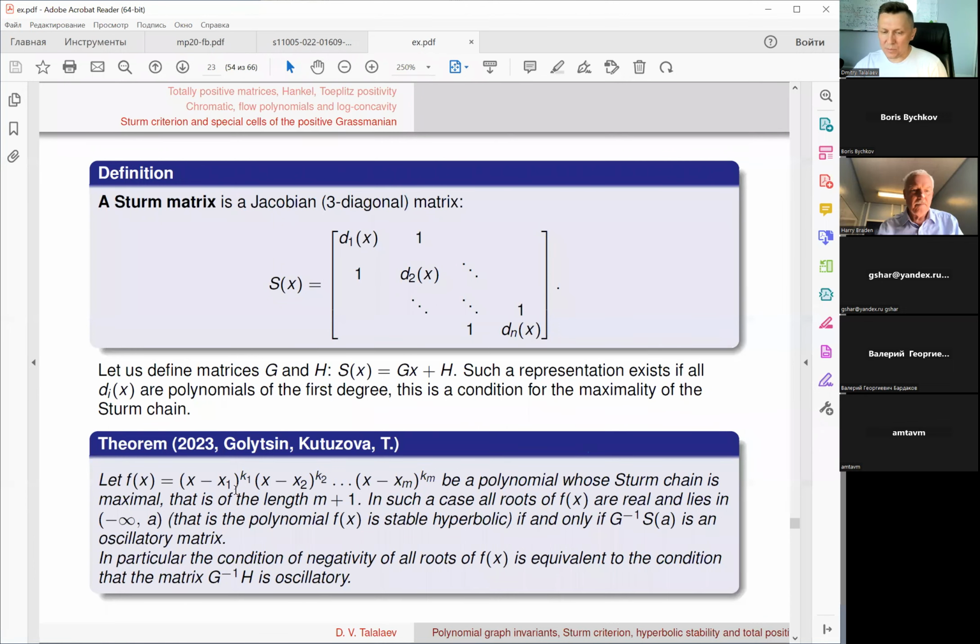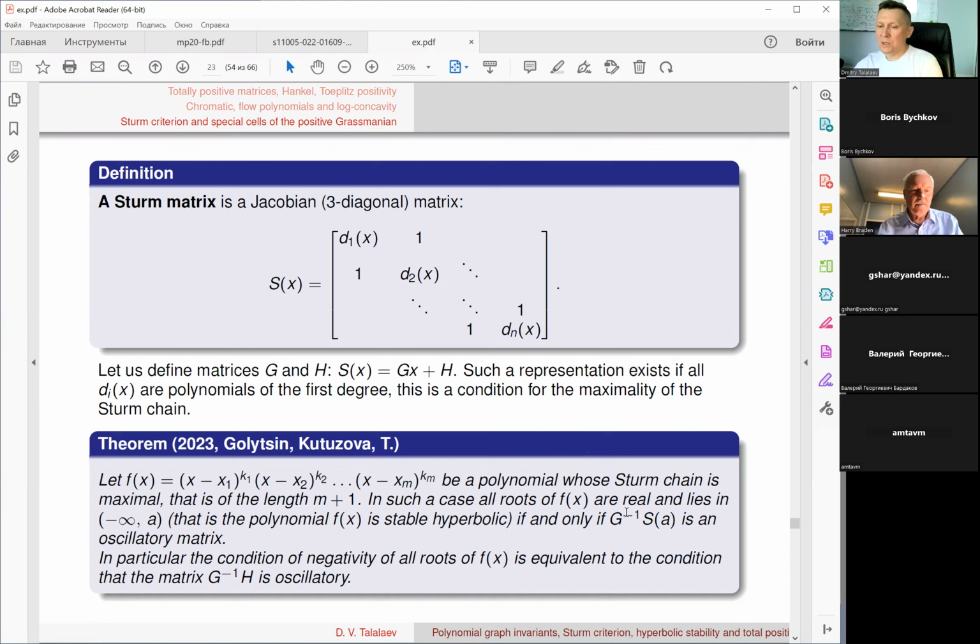The maximality here means that it is of length m+1. In such a case, all roots of the polynomial f are real and negative. That is, the polynomial f is hyperbolic in the case a equals 0.